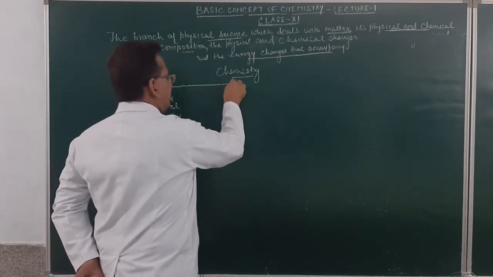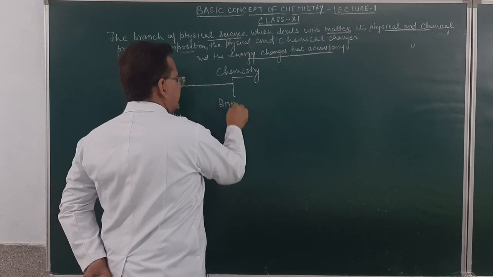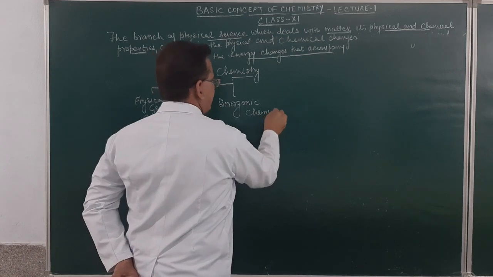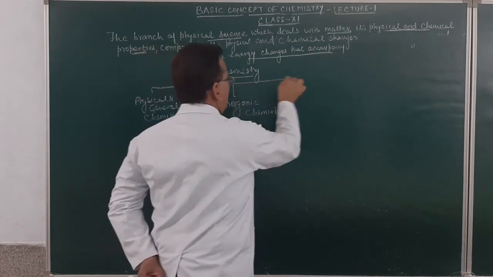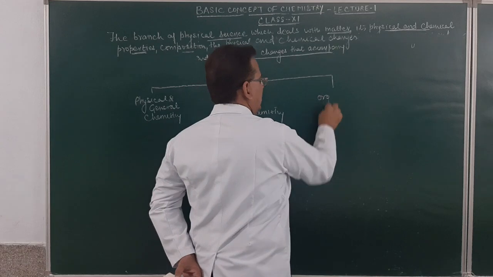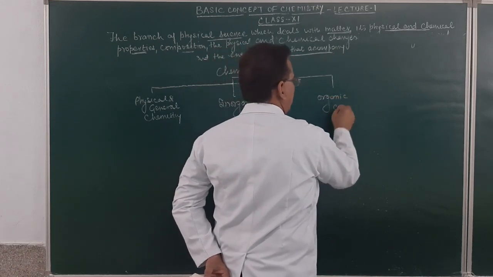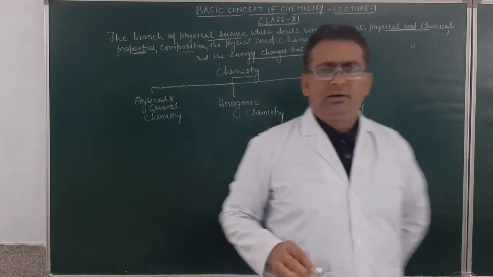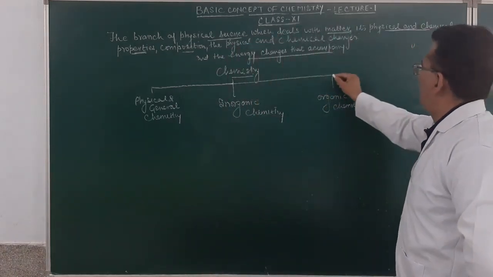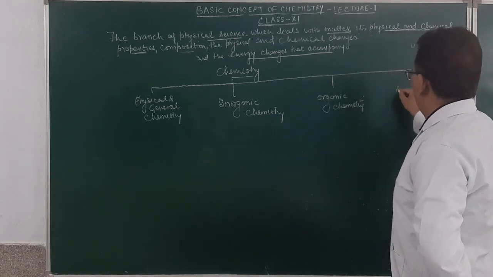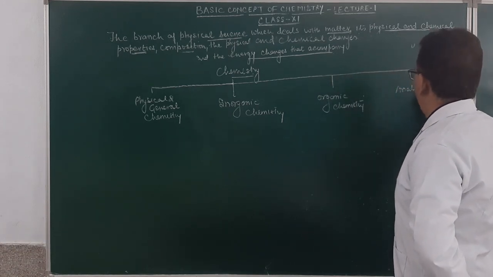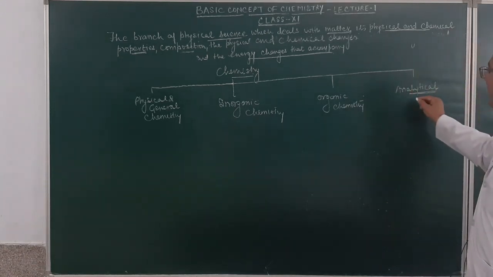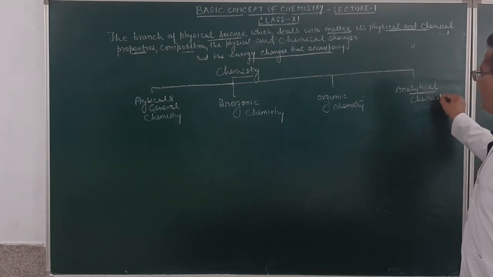Then we will be discussing inorganic chemistry in detail, and then organic chemistry. And then there will be a practical part of the syllabus, and that will be called analytical chemistry. So these 4 streams or branches of chemistry are to be done in class 11th.